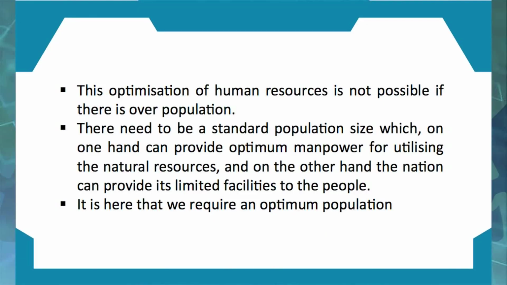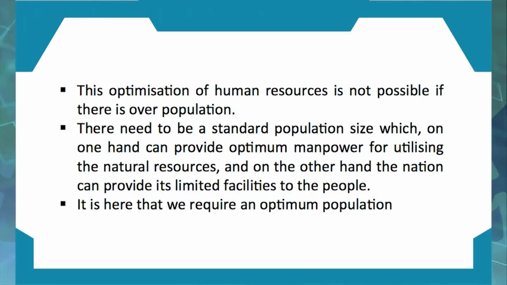Now, what do we mean by resources? By resources, we mean both natural and human resources. Now, the optimization of human resources is not possible if there is overpopulation. Besides, a nation with limited resources cannot provide welfare to its ever-growing population.